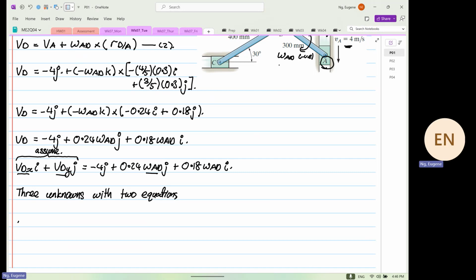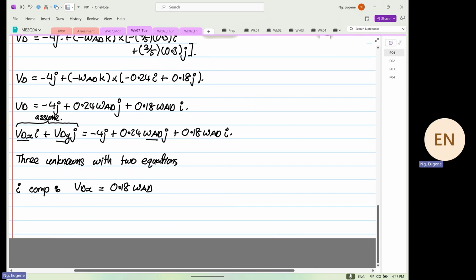So in terms of I components, we can form VDX will be equal to 0.18 omega AD.